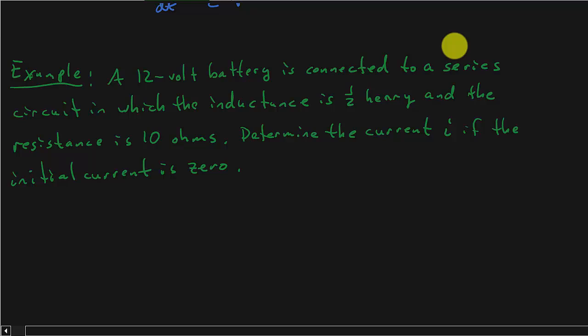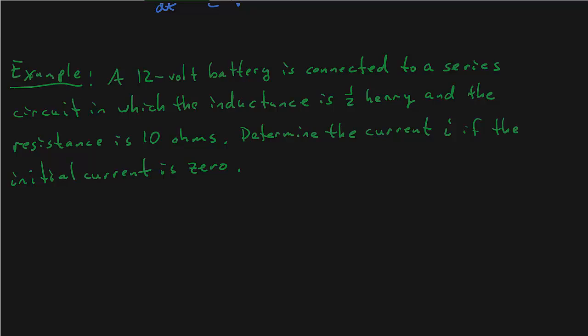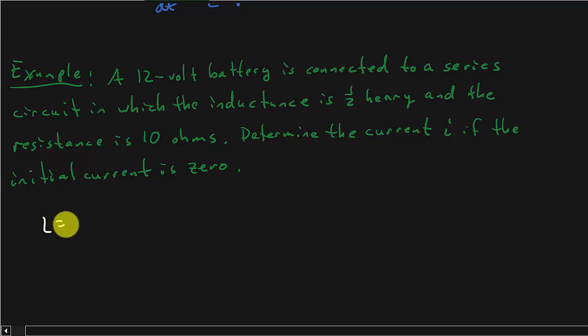All right, so right off the bat, we know that we're going to use L di/dt plus Ri is equal to E of t. So I'm going to use this one.